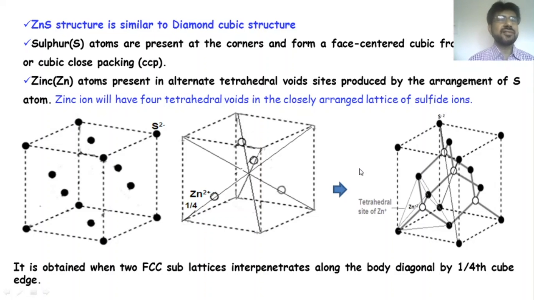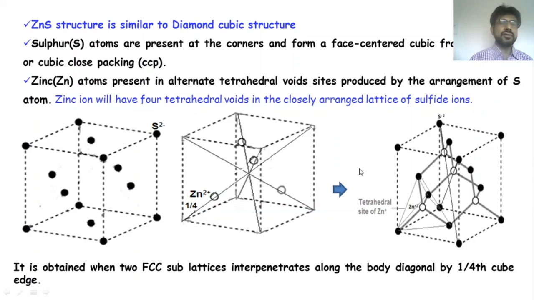Now here, the sulfur atoms having large size, therefore they are present at the corners and the faces of the unit cell. So the sulfur forms the face-centered cubic type of the structure, that is also known as the cubic close packing CCP type of the structure.